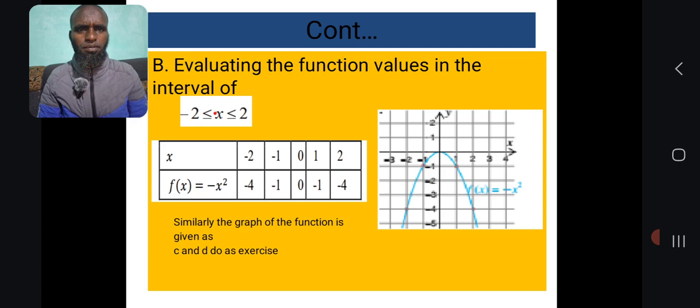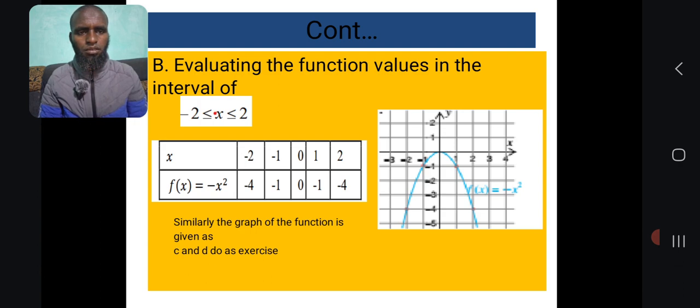When you see part B, evaluating the function values in the interval of minus 2 to 2, with minus x squared, the value changes to negative, negative, negative, so it is downward.